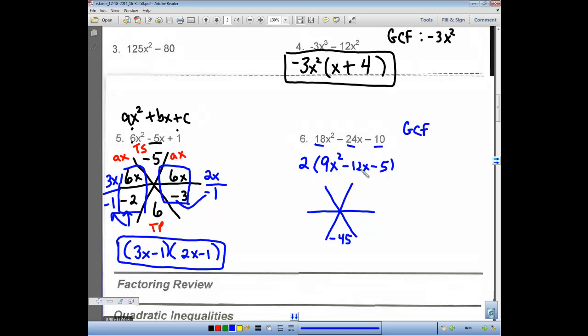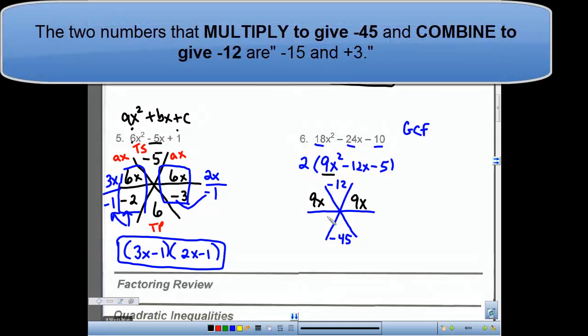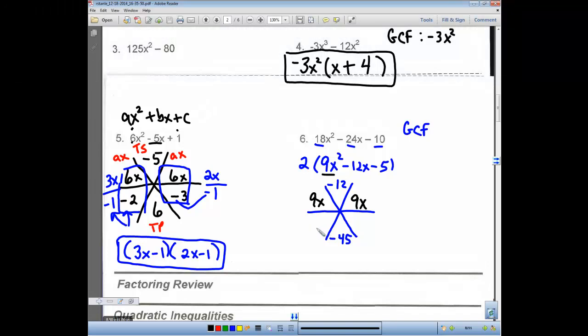Target sum is negative 12. Remember, this is ax, so my ax at this point is 9x. And the two numbers that multiply together to give me negative 45, but add to give me negative 12, are negative 15 and positive 3.